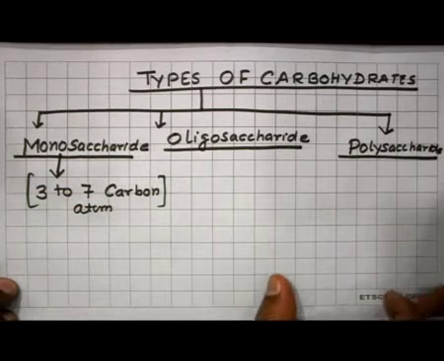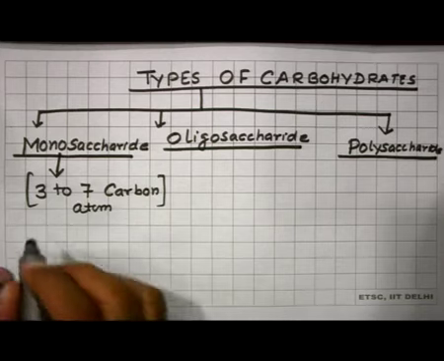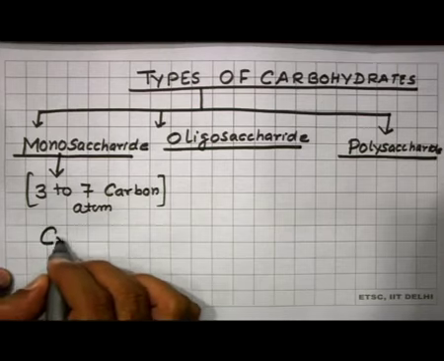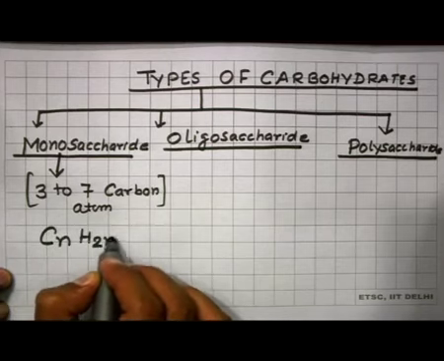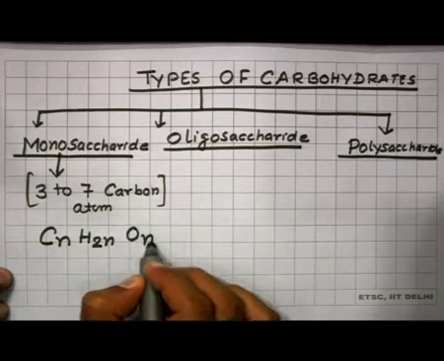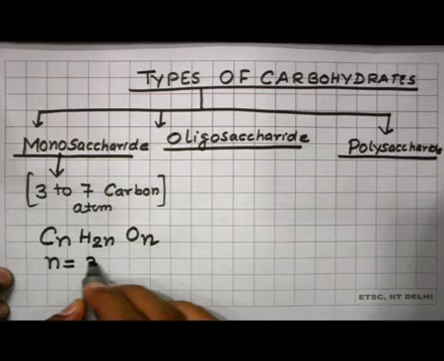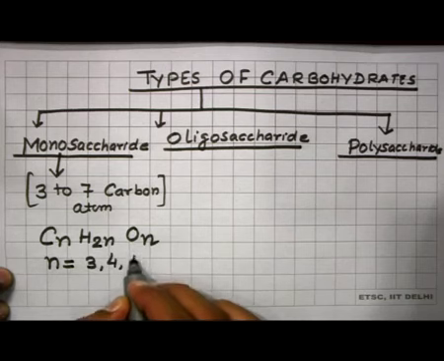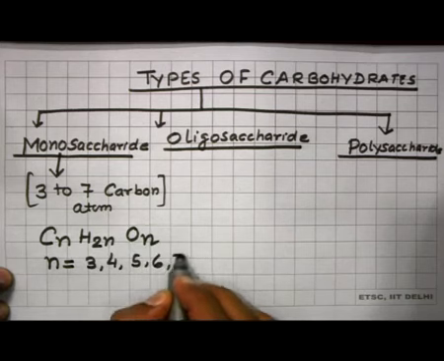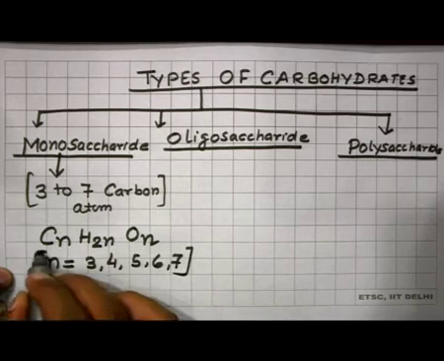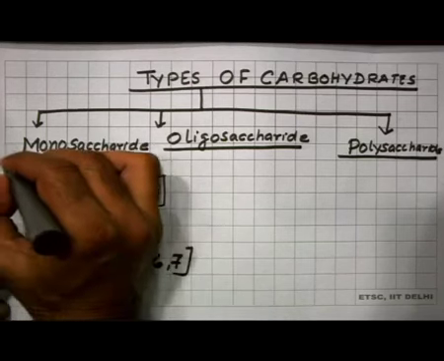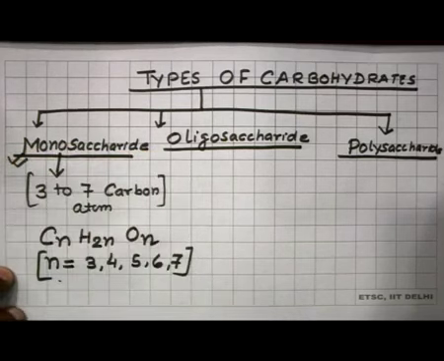So, we can simply say that the general formula of carbohydrate is CnH2nOn, when n varies 3, 4, 5, 6, 7. That type of carbohydrate is called monosaccharide.